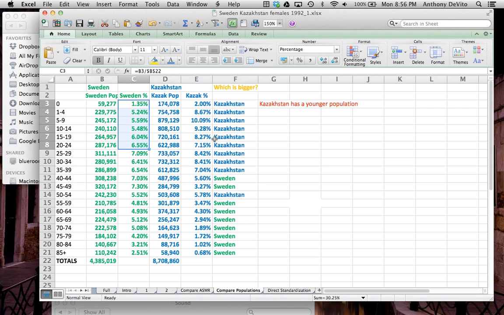So even though they're dying at a higher rate in every age group, it appears that the mortality rate is higher in Sweden than in Kazakhstan. It's just that Kazakhstan's population is so much younger that it makes the mortality rate look more significant in Sweden. Okay, so now let's see how we're going to correct for that.